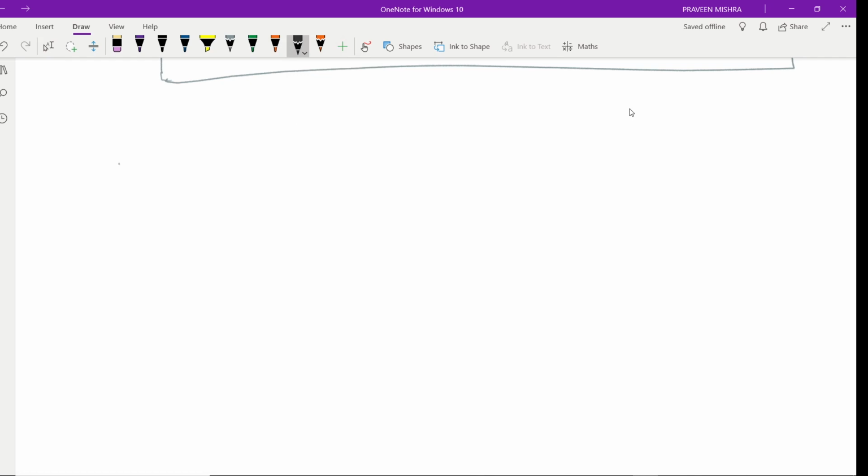Now, this is applied in nodal analysis. What is nodal analysis? Nodal analysis is nothing but the application of KCL plus Ohm's law.